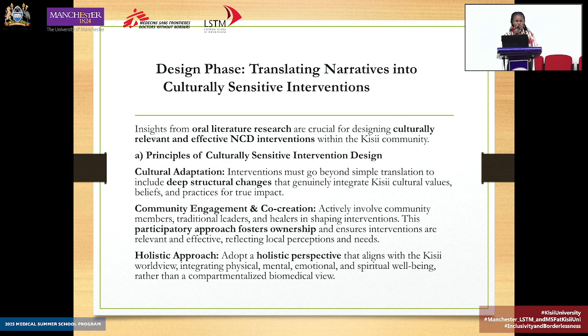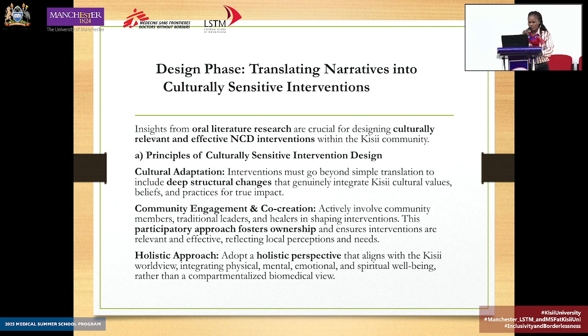So for you, you need to integrate the cultural values of the Abagusi community. Another thing, you must ensure, if you have decided to have a design that is culturally sensitive, include the cultural beliefs and practices. Another aspect is community engagement and co-creation.